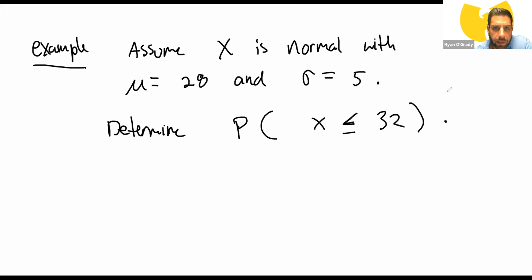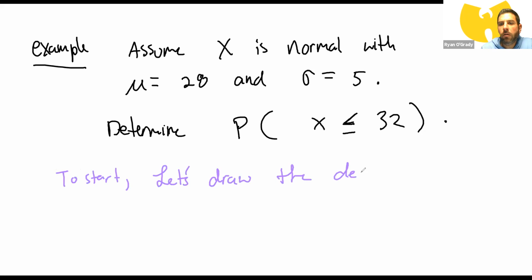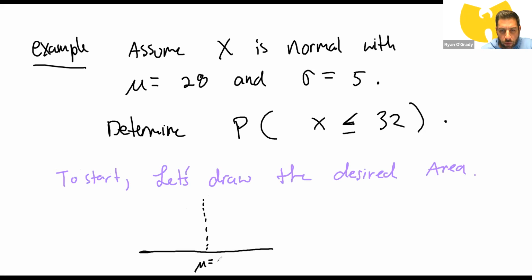So one way to think about this is, before we do anything, to start, let's draw the desired area. So if I draw my normal, here I have my mu equals 28.